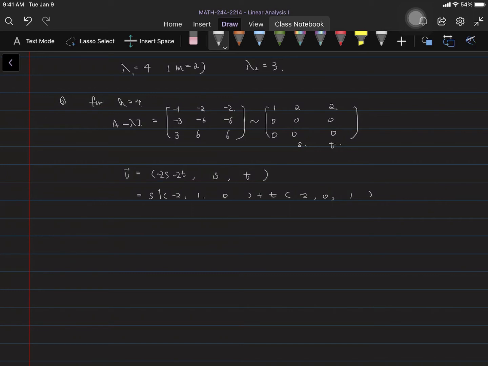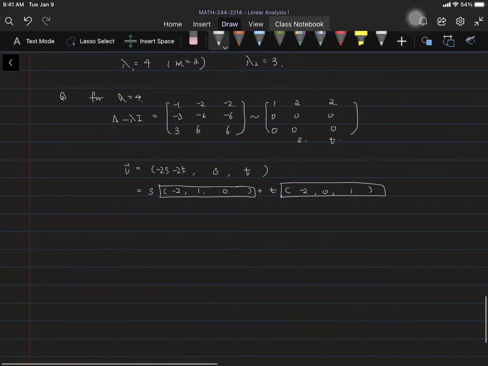So we get 2 eigenvectors here. Actually we can also tell from here, because we notice the dimension of the eigenspace is 2. Right, so we can say non-defective.